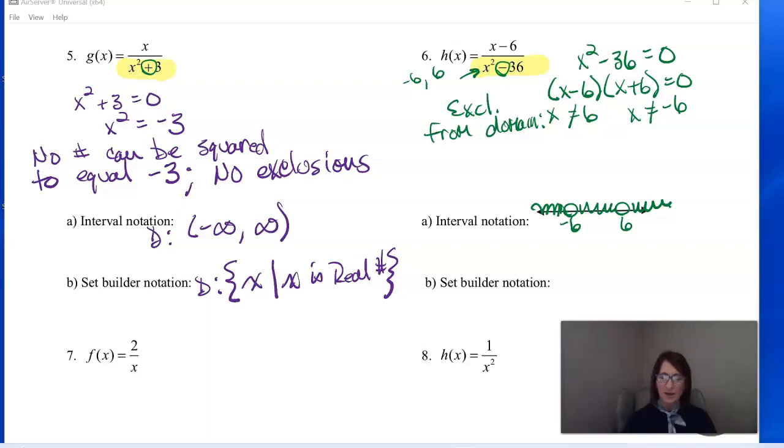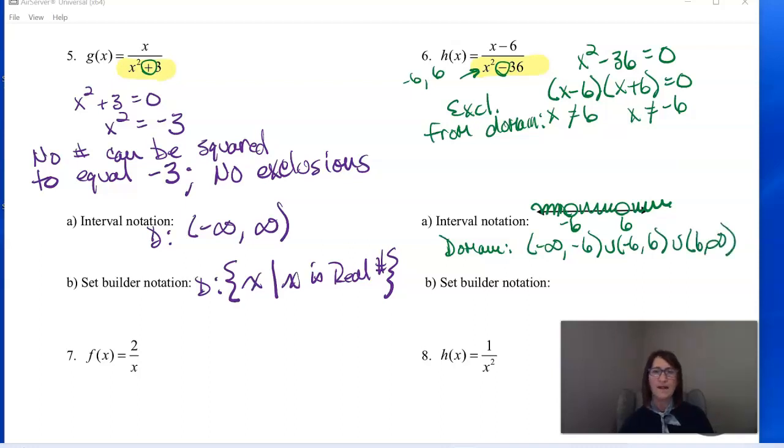All right, so our interval for our domain is going to be negative infinity to negative 6, union negative 6 to 6, union 6 to positive infinity.